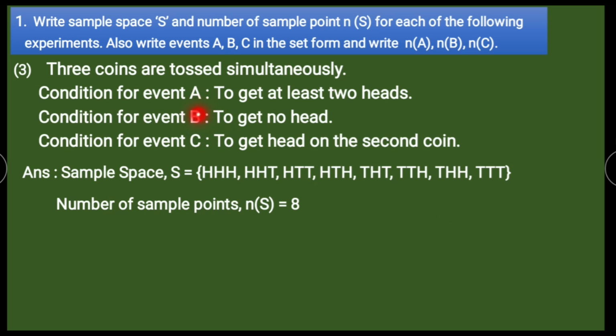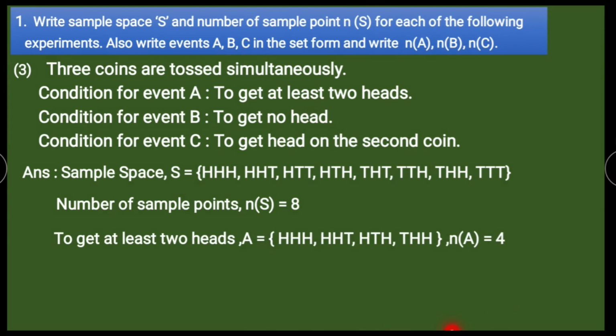So for the condition, according to event A, to get at least 2 heads, we require at least 2 heads. That means first we select the sample points which contain 2 heads, and then we select those with more than 2 heads.